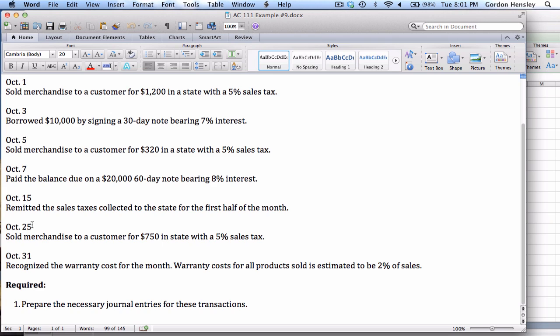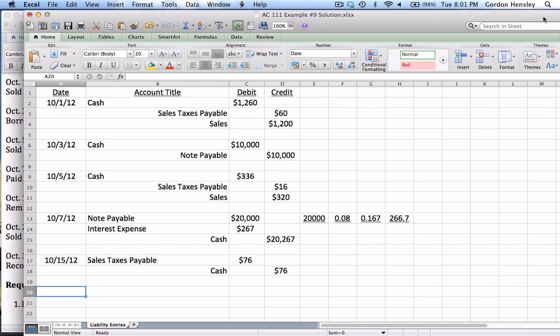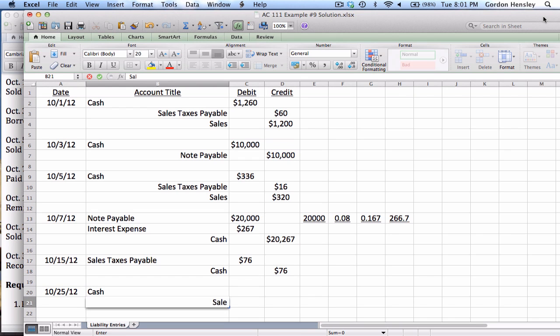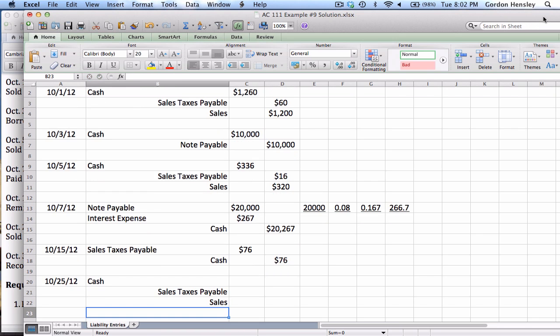Then on October 25th, yet another sale. Again, in the state with a 5% sales tax. This time it's a different sales amount, $750. We know exactly how to handle this because we've had a couple of these so far. So I'm going to receive cash. I'm going to have sales taxes payable as a credit and sales as a credit.